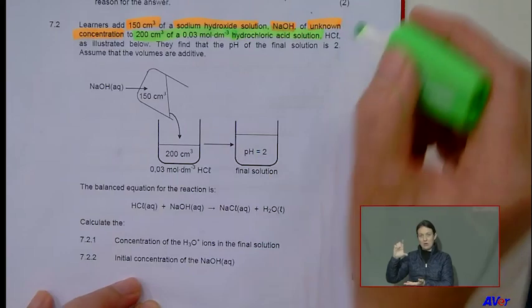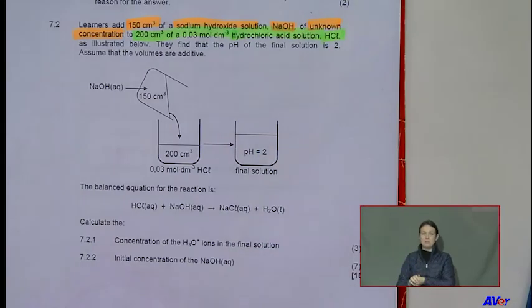Grade 12s, immediately: sodium hydroxide, strong base. Hydrochloric acid, strong acid. Hydrolysis, no. No hydrolysis. Indicator, bromothymol blue.